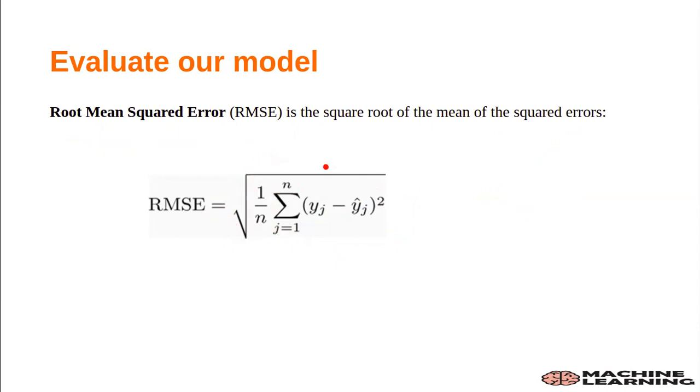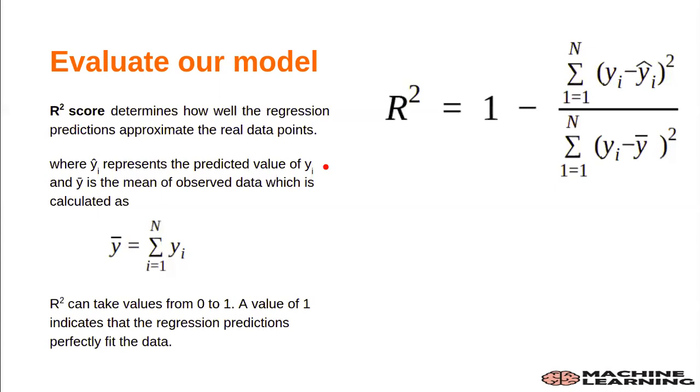One more important thing, R2 score. So what does it do? R2 score determines how well the regression prediction approximates the real data points. Where y hat, you see this symbol many times, is known as the predicted point.